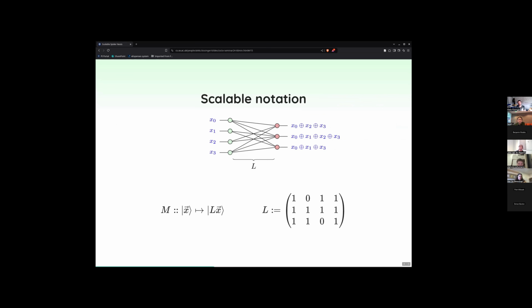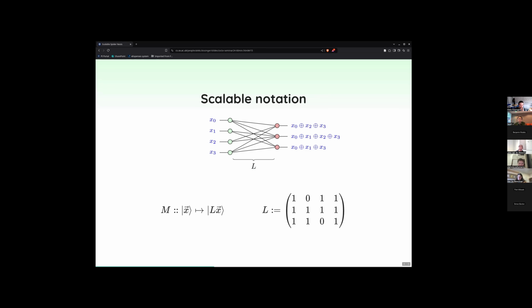Okay, but before I get there, I'm going to show you scalable notation. This is quite useful, especially for these phase-free diagrams or things which have large phase-free components. This is a notation where we are allowed to have not just single qubit wires, but also registers of qubits.